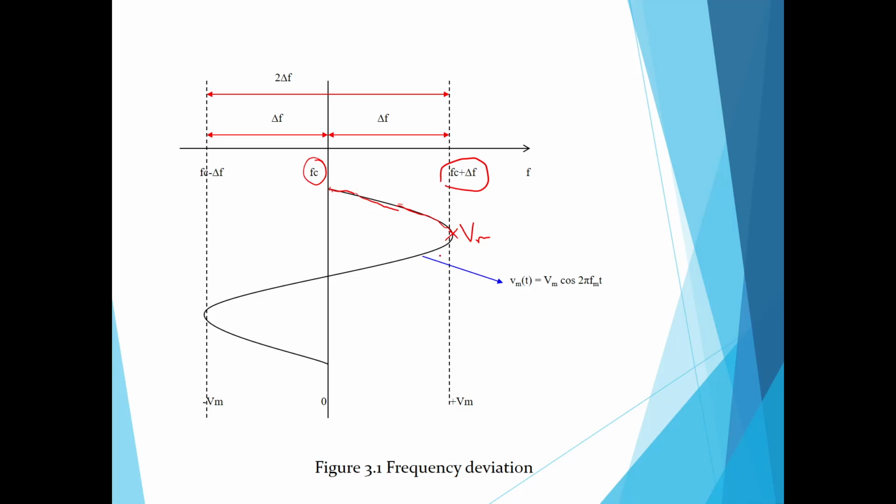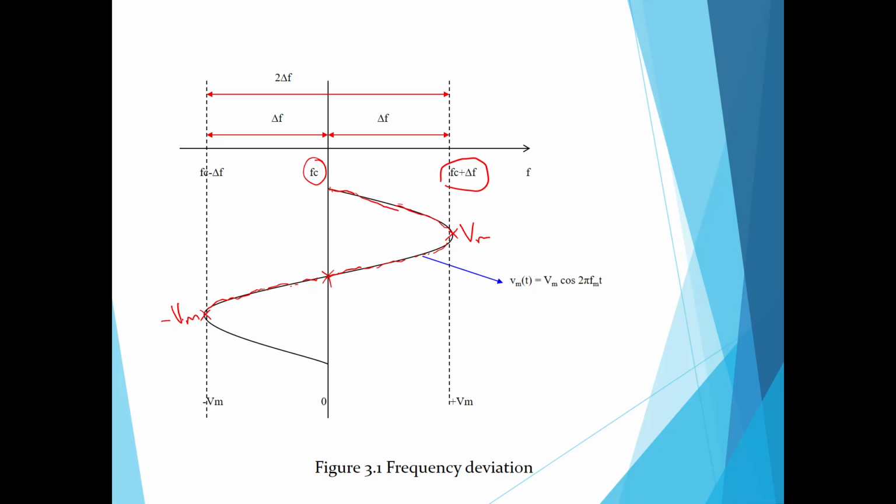Okay, and then the input message signal reaches the center, the 0 crossing. So what happens is that the carrier frequency would be at rest frequency, which is Fc. Then the amplitude of the input message changes to the negative peak, which is negative Vm.